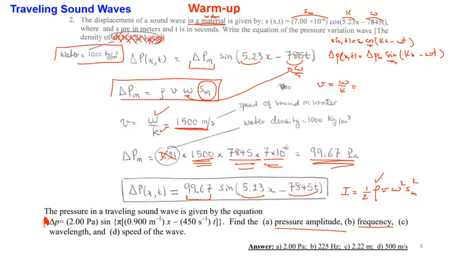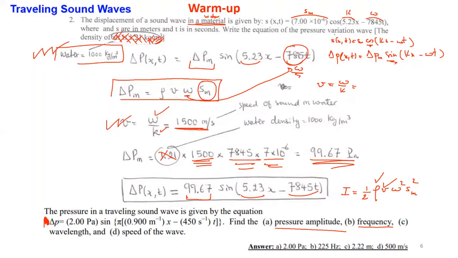So I will give you rho, the density. Let's say, for instance, in the previous example, the density will be the density of water. The speed is the speed of sound in water, this speed here. Omega, of course, is this. It's given.